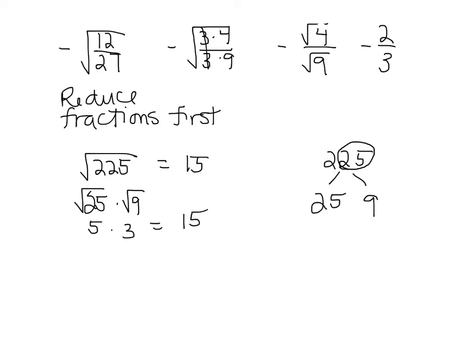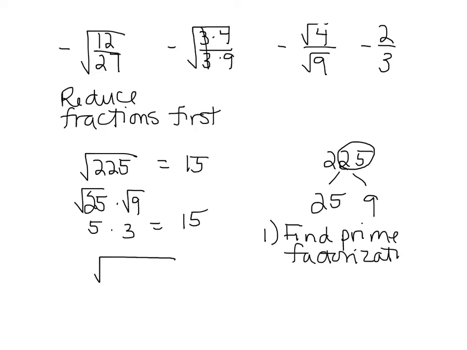Let's say I got a really big number and I honestly couldn't see what my perfect square factors might be. Let's say I've done the prime factorization. What you want to do with big numbers is find the prime factorization and take the square roots of each prime.